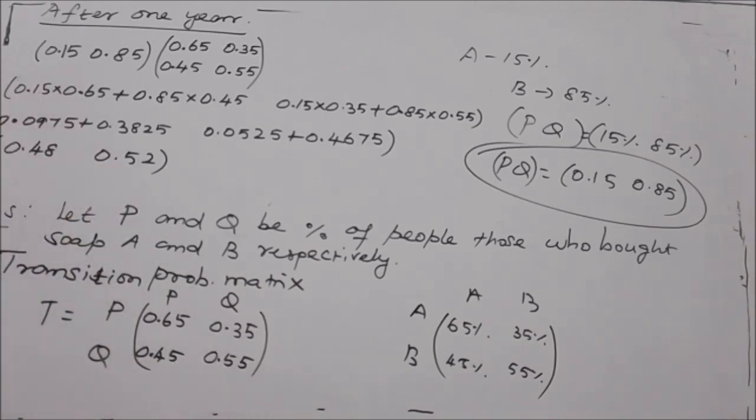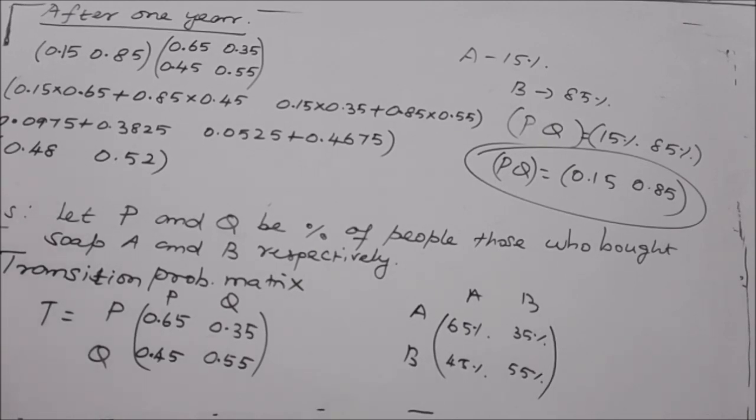This represents the changes in the products after a year. The percentage of people who bought A and B are 0.48 and 0.52. For A it is 48% and for B it is 52%.